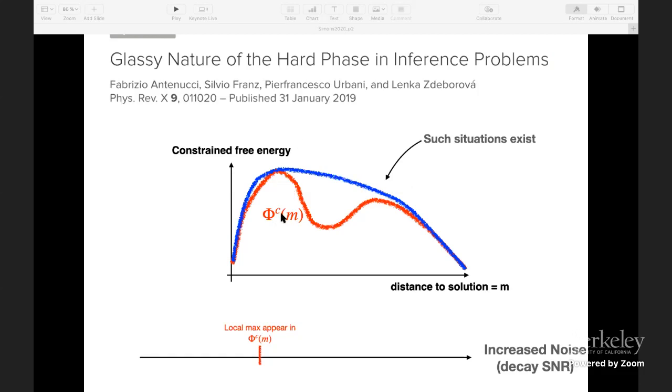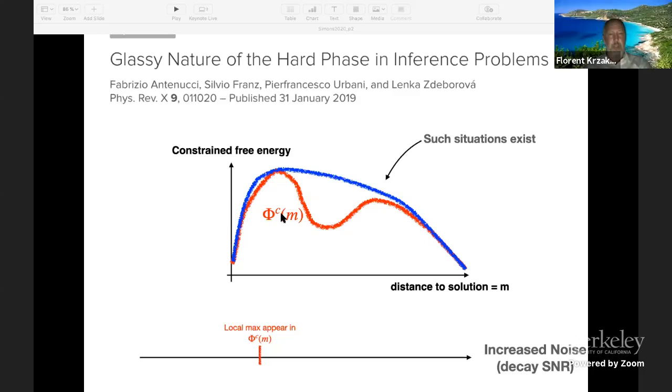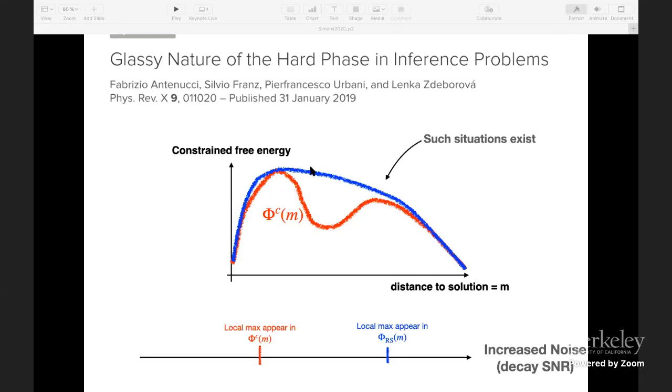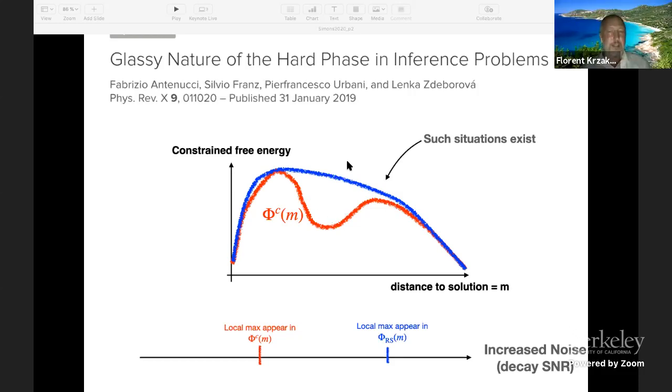My understanding is that this is always true: the replica solution, whether 1RSB, 2RSB, 3RSB, 4RSB, and so on, will be larger than the true one. In fact, the way we compute things is to take this function and break the symmetry until it stops moving. Proving it in full generality is another story, of course. But I think this is always true, that the replica potential is a bound on the constrained potential.